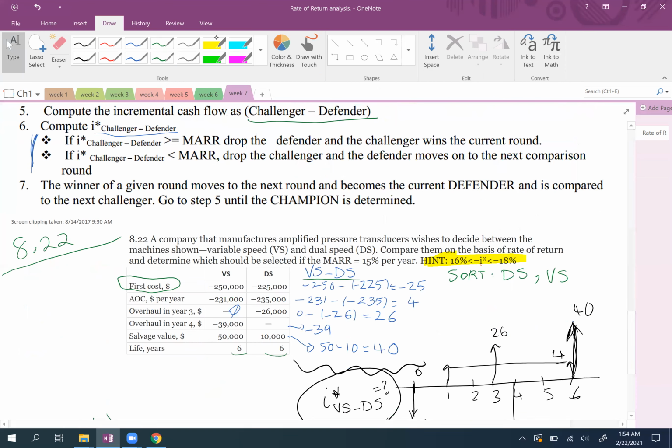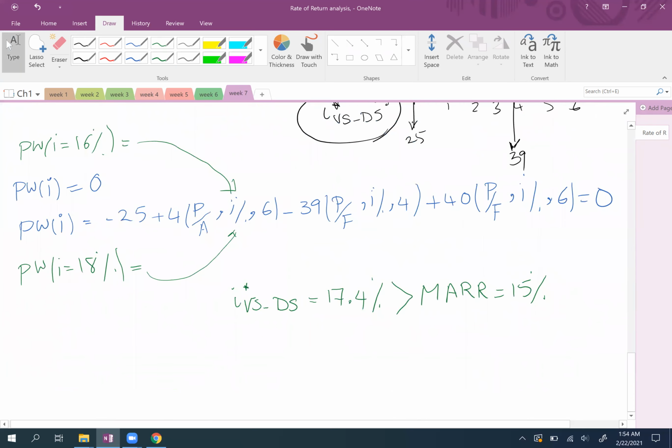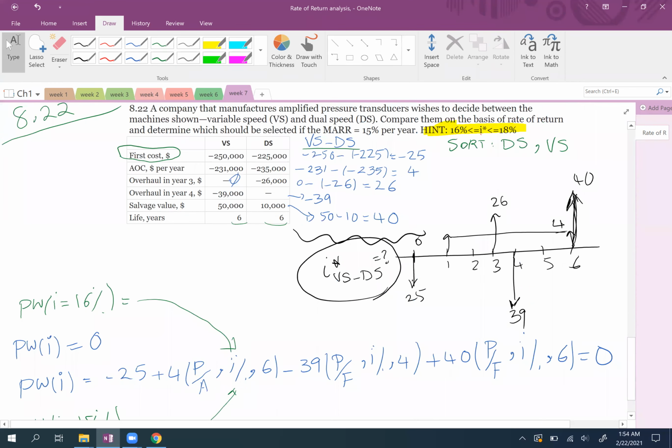So the algorithm tells you if the challenger minus defender, expensive minus cheaper one, has rate of return greater than MAR, you will drop the defender. So what does this mean? It means that over here I would drop the defender, which is the cheapest project, and the cheapest one over here is DS. So I will drop the cheaper one, DS.